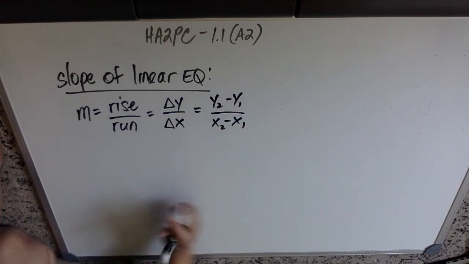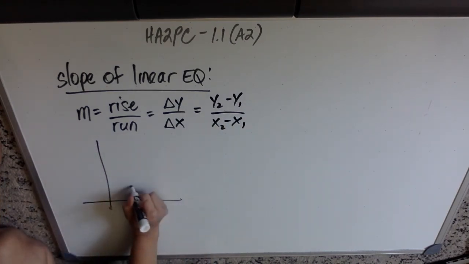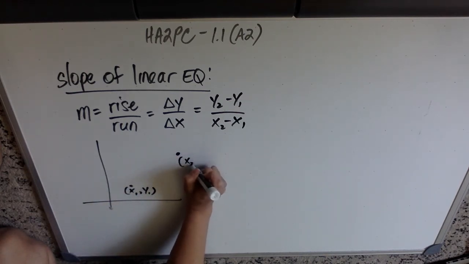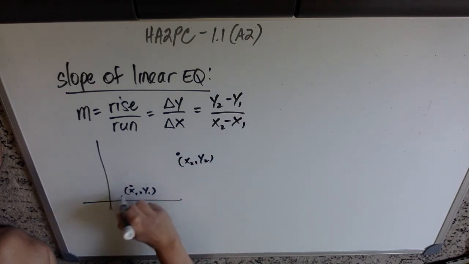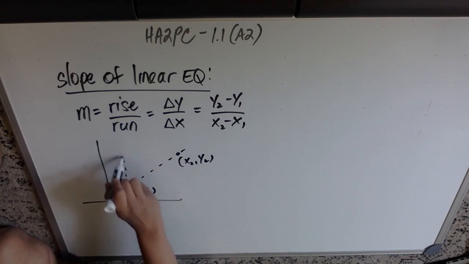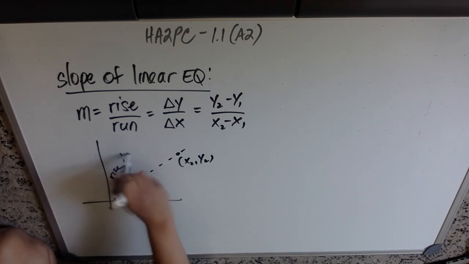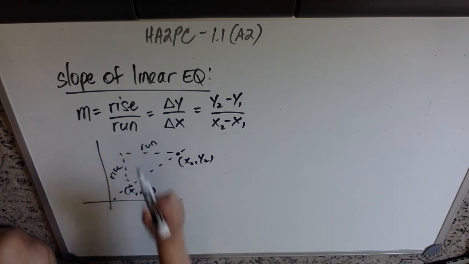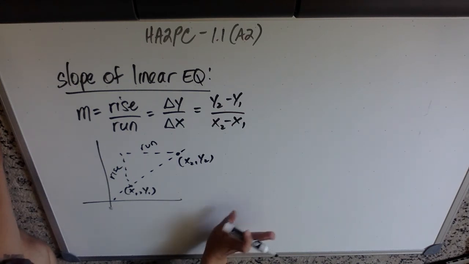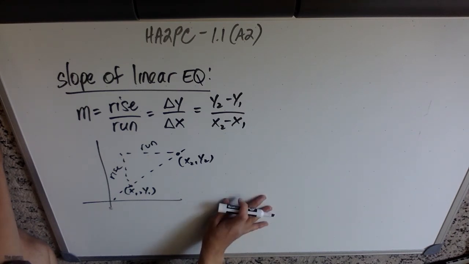Now what that looks like on a graph is if I have some point here, x1 comma y1, and some other point here, x2 comma y2, the line between them has a slope of this much rise over this much run, okay? So that's how we would describe the slope, rise over run. We'll do more examples of that, but that's what we mean by slope, and that's what makes something linear.